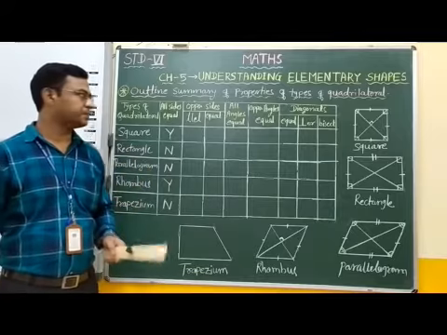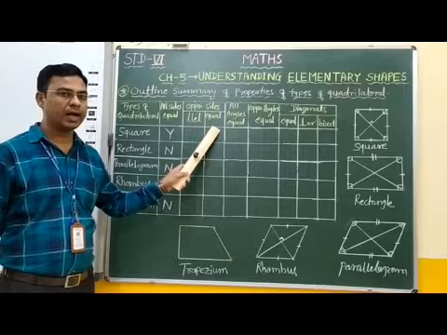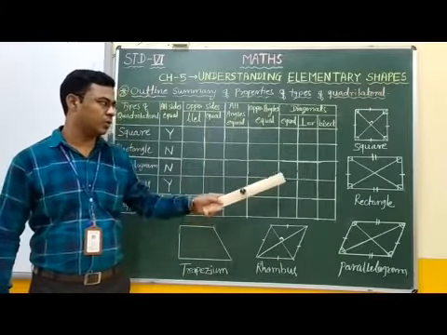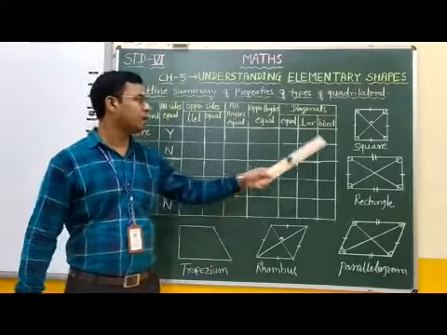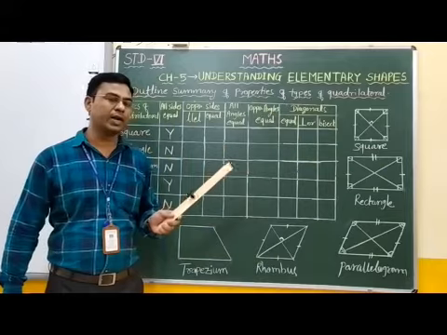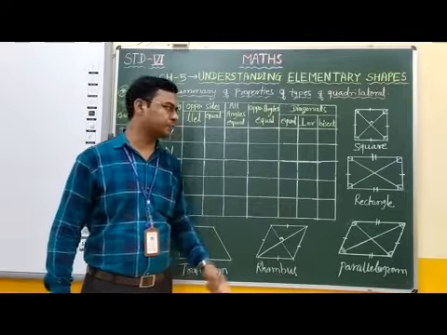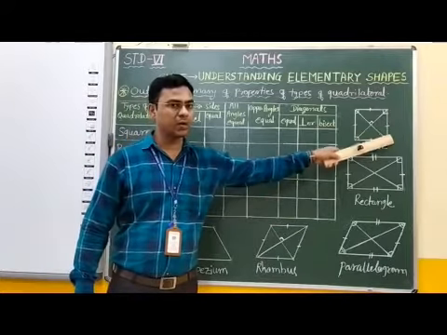Now, the second property, opposite sides parallel and equal. Here, now you can see these figures. In which types of quadrilateral are opposite sides equal and parallel? In square, opposite sides are equal and parallel.